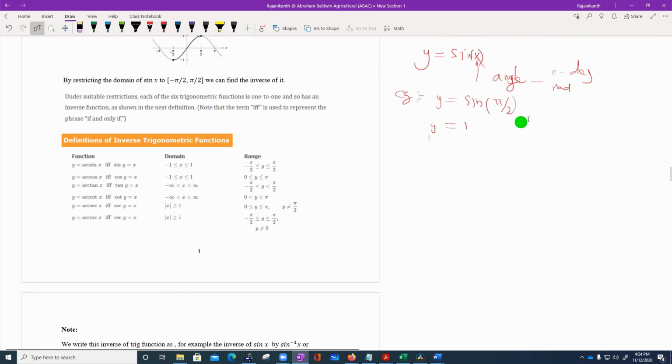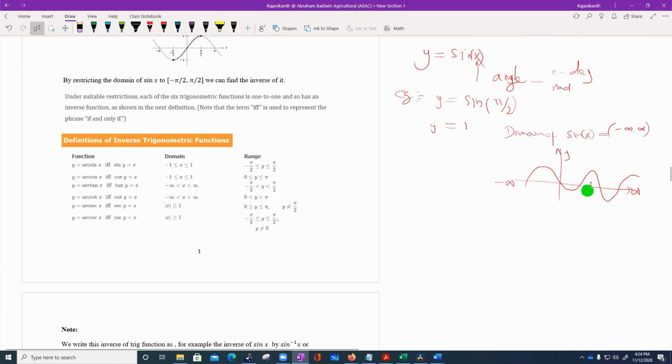So the domain of the sine function is, remember the sine graph. The sine graph is oscillating like this. The domain of the sine graph is going all the way from negative infinity to positive infinity. But the range is the y value.